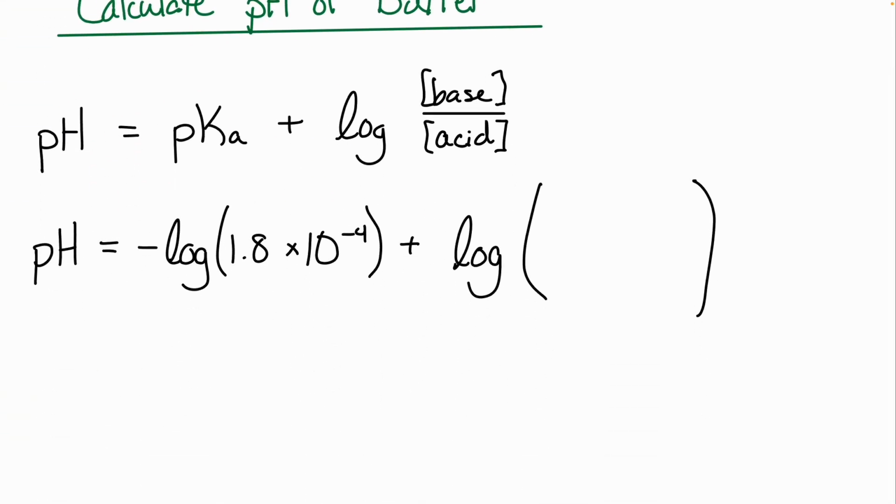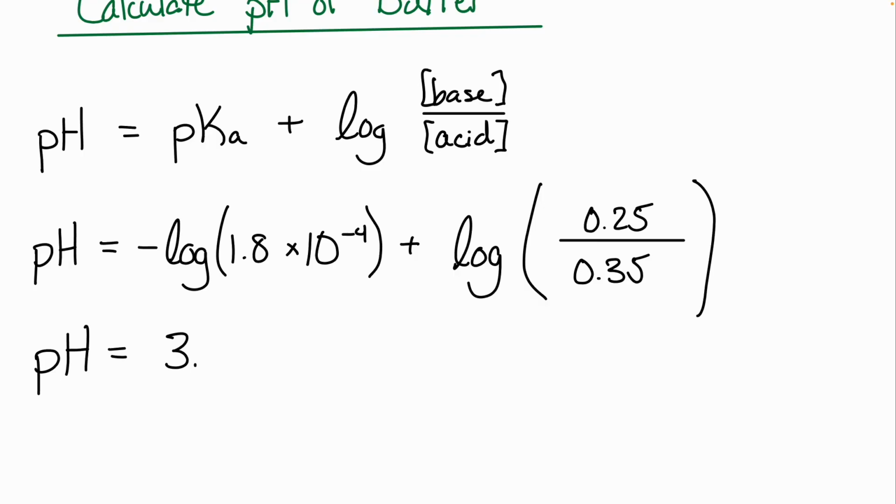So that 0.25 goes in the numerator, and 0.35 in the denominator. All right, so punch that into my calculator. We get 3.599. We'll just do 3 decimal places.